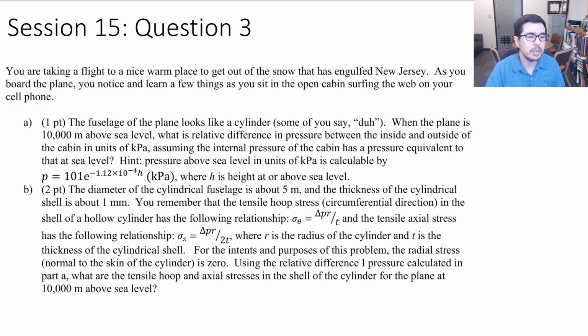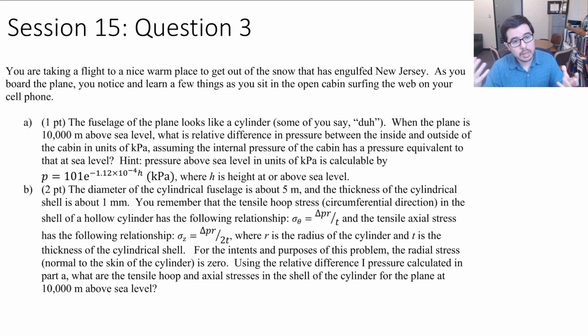So it gives you an idea of how much change in pressure there is, the gauge pressure of the cabin versus the outside. It also gives an idea of how much stress would be in the shell, in the hoop direction and in the longitudinal direction.